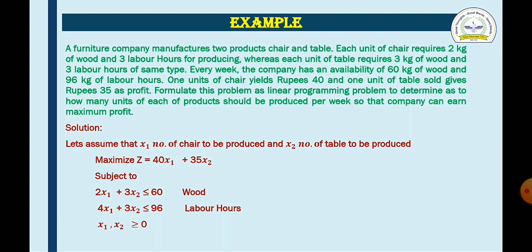Per week the company has 96 labor hours, whereas the company has 60 kg of wood, right? So this is the formulation of the linear programming problem. Any linear programming problem can be represented in this manner, either with an objective function of maximization type or minimization type, and subject to constraints.